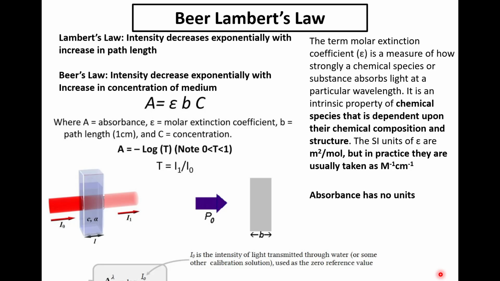Lambert's law says that the intensity decreases exponentially with increase in path length. Means the initial intensity of the light that is coming and hitting the matter decreases as you increase the path length.